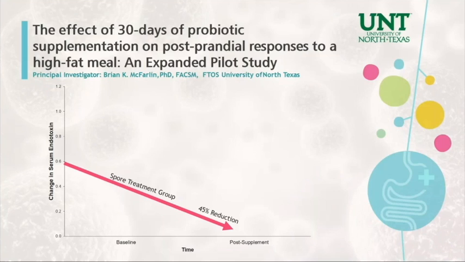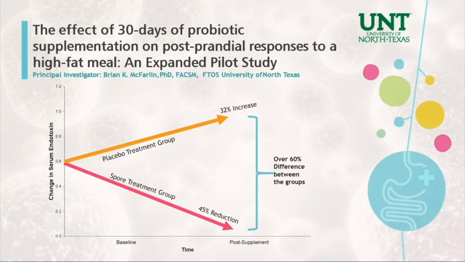This is a nice study that was done at the University of North Texas on some college kids, and they looked at changes in the serum endotoxin when they got the spores versus the group that did not. And you can see here that there's a quite substantial difference between the two groups. The spore treatment group had a 45% reduction, whereas the placebo treatment group had a 32% increase. Effectively, that is over 60% difference between these two groups.